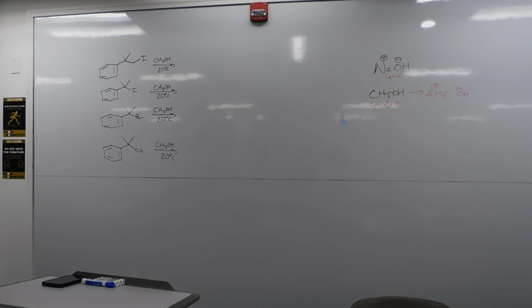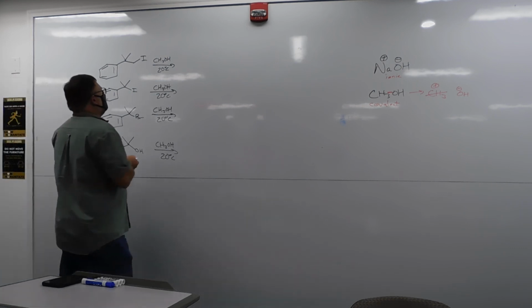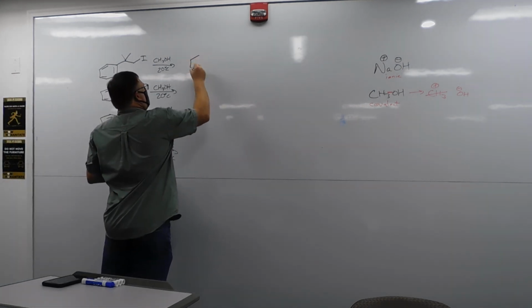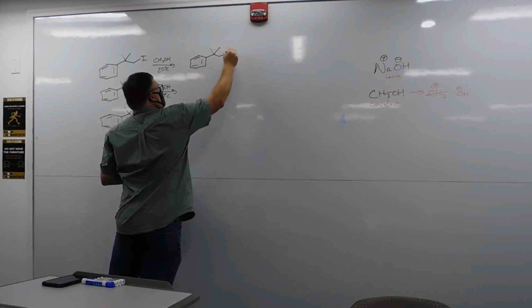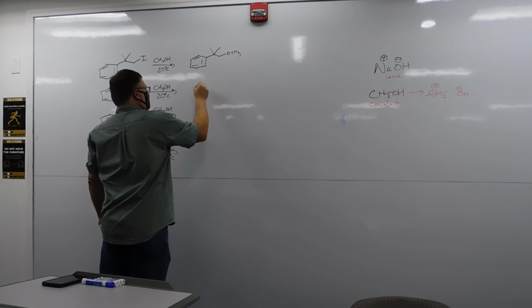So then, what mechanism possibilities are there? SN1. Yeah. So SN1 or E1, the temperature is low. If you go in here to look at the products, here's what we get.